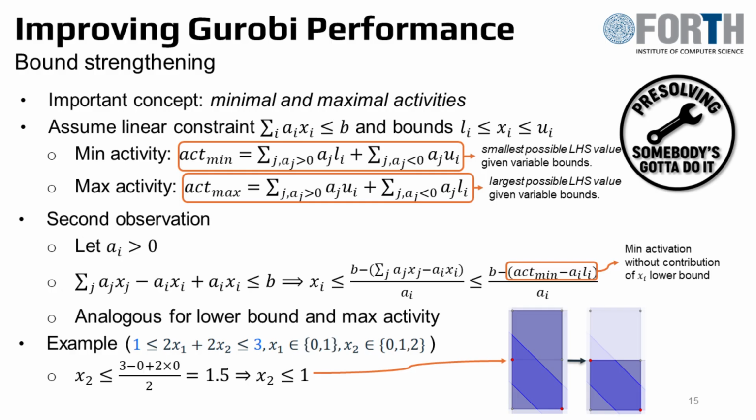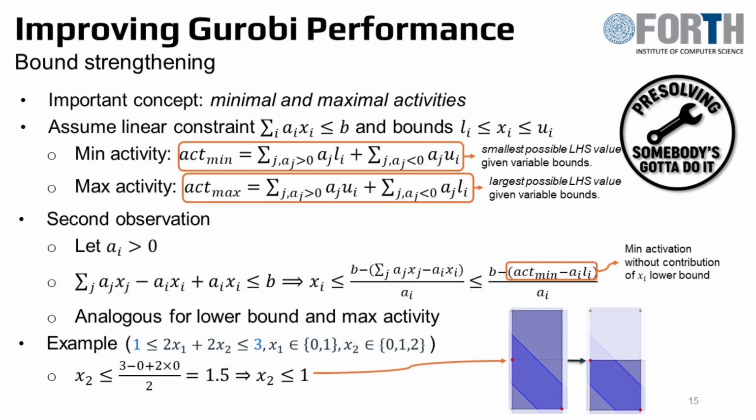To obtain the tightest possible upper bound on x2, we consider the smallest possible contribution of x1, which occurs when x1 = 0. This yields 2x2 ≤ 3. So x2 ≤ 1.5. Since x2 is integer, this implies x2 ≤ 1.